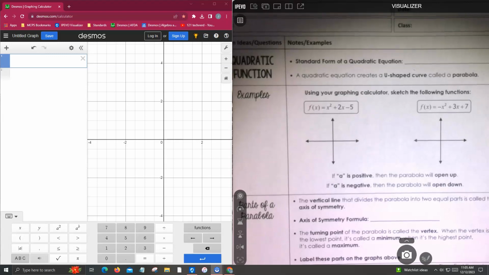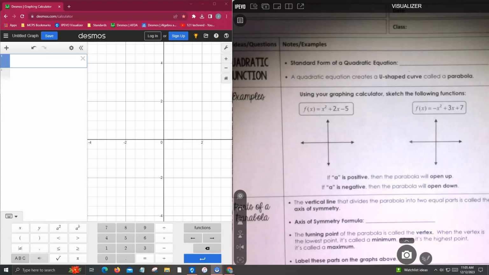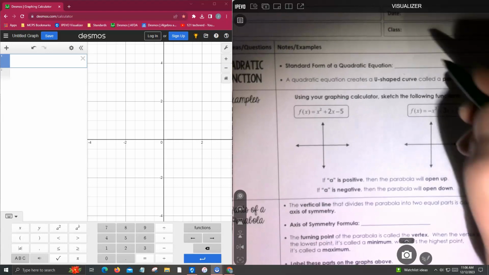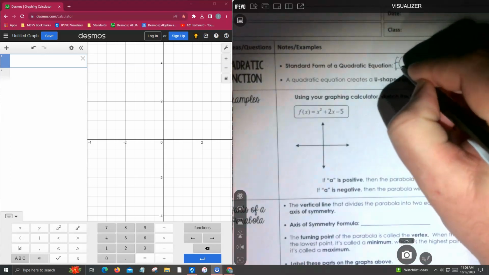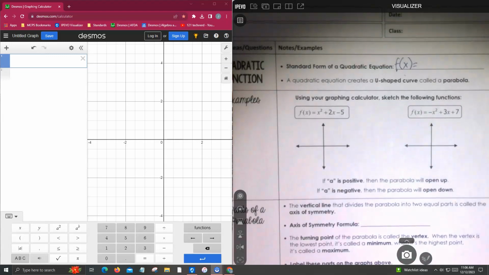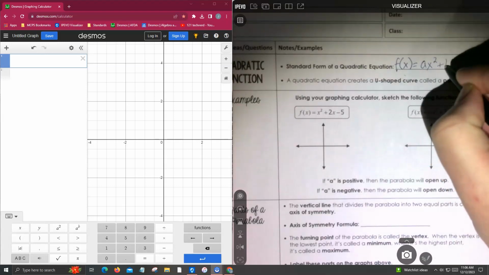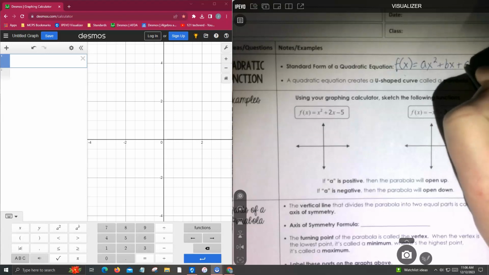Alright, so the quadratic function has a standard form, just like the linear equation had a standard form of ax plus by equals c. Because it's a higher exponent, it goes ax squared plus bx plus c.